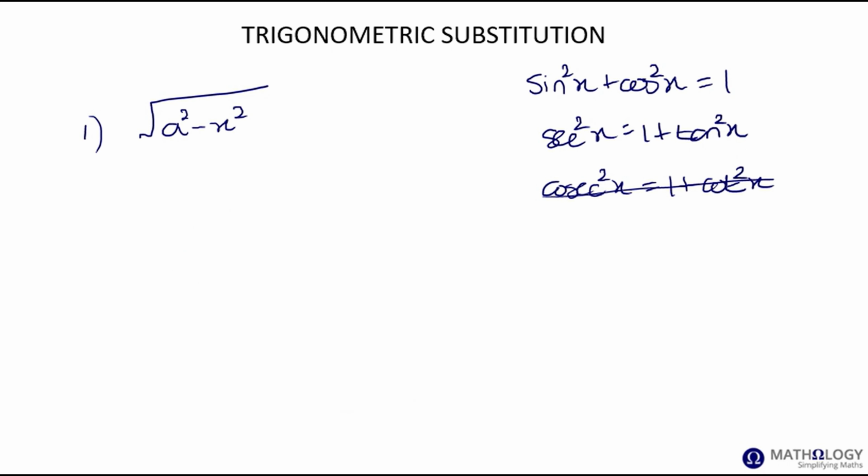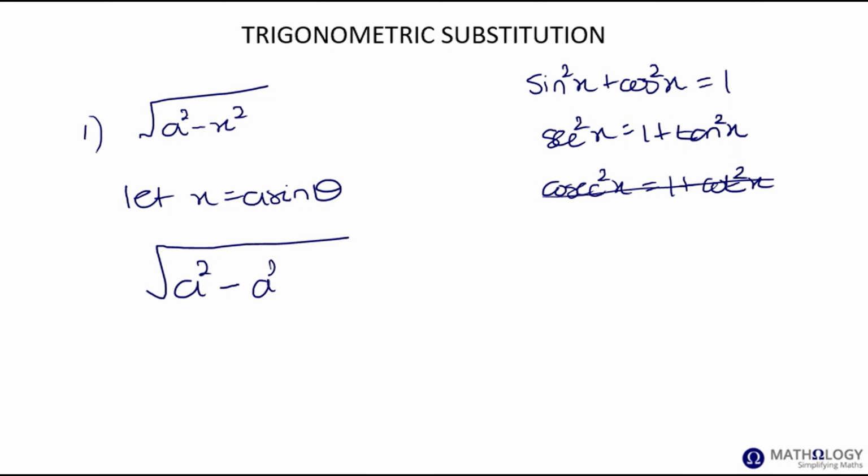So if we look at the first expression here, whenever we're given an expression that looks like this, we are going to let x equal a sine theta, whatever the value of a is. The reason we do this is because root a squared minus x squared will reduce to a squared sine squared theta.